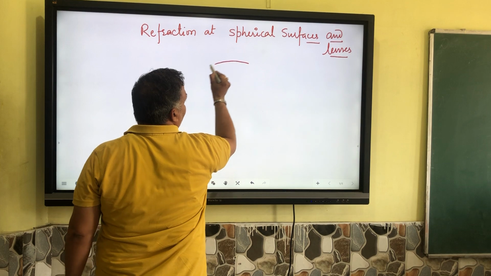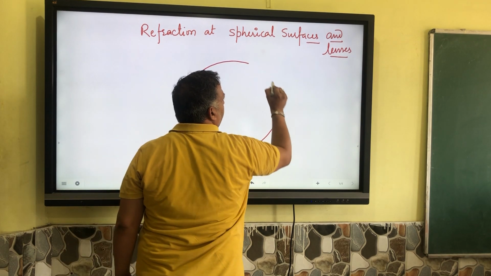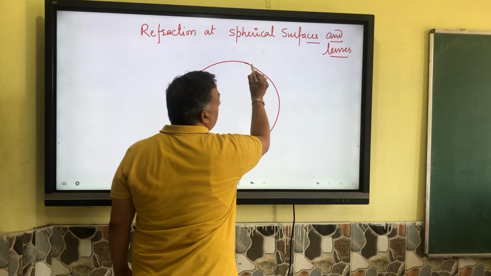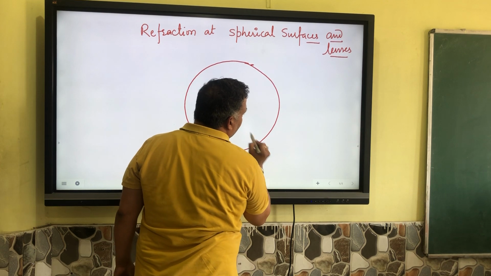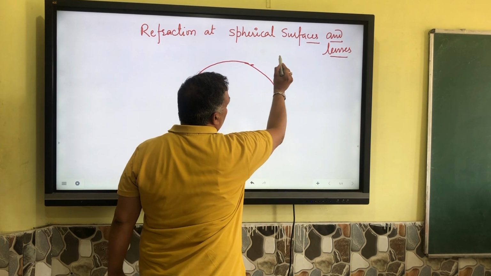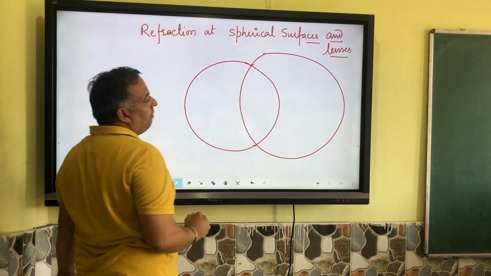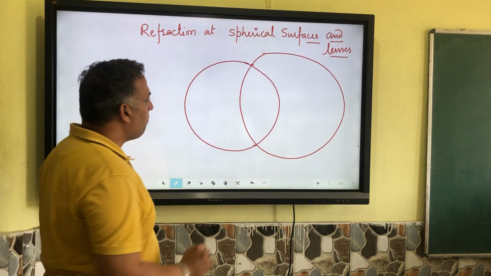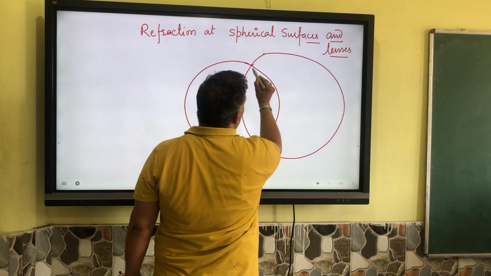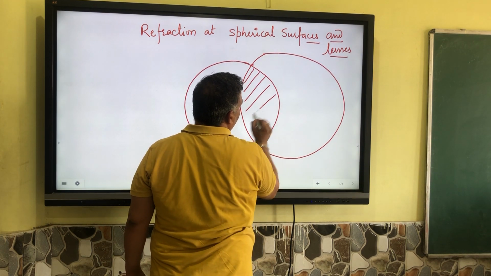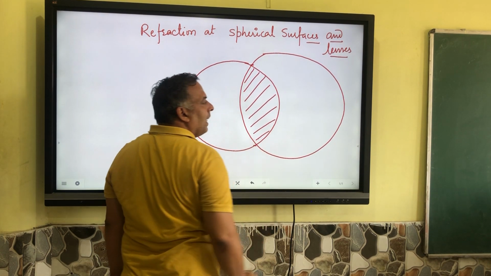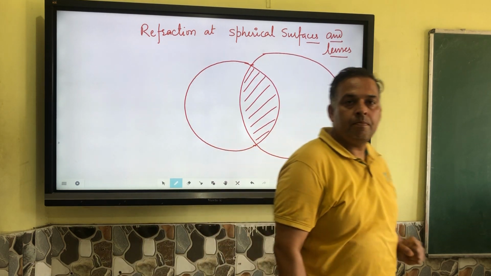This is a sphere. This is a part of a sphere. Suppose two spheres we cut in this way, and this is the part of a sphere that acts as a refracting surface.